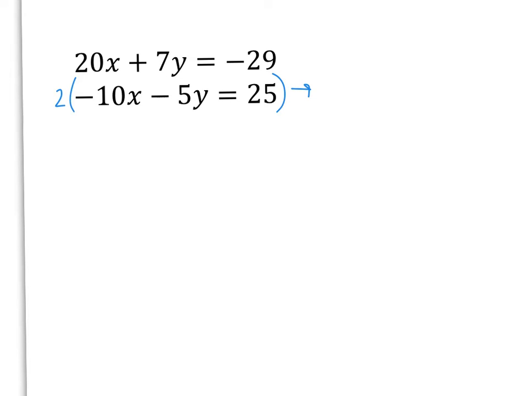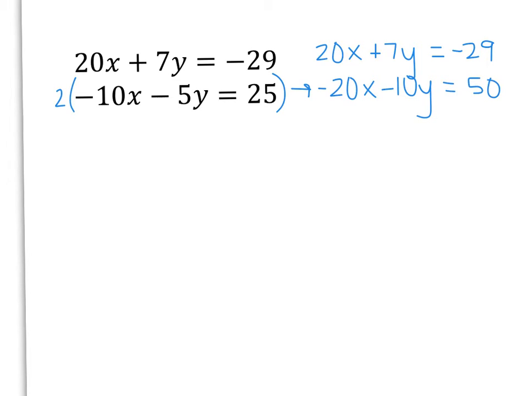The top equation stays the same, but the bottom equation, negative 10x times 2 is negative 20x, negative 5y times 2 is minus 10y, and 25 times 2 is 50. Now I can use these equations and eliminate the x variable.